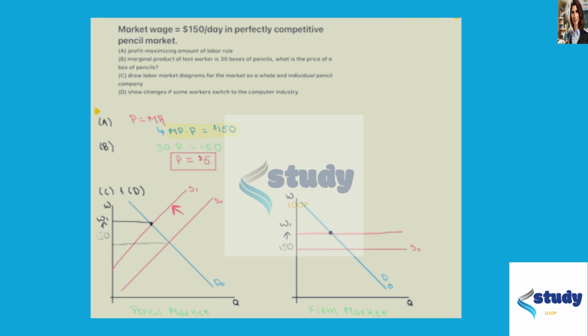So overall, even though we saw in the firm market that the supply curve looks like it shifted upwards, really it was just showing that our wages were increasing, but they have fewer workers, right? You see the supply curve went up. However, we were sitting over here at Q0 and now we're at Q1. So our quantity of labor has gone down. So because the quantity goes down, we see this marginal product of labor increase because there's fewer workers now.